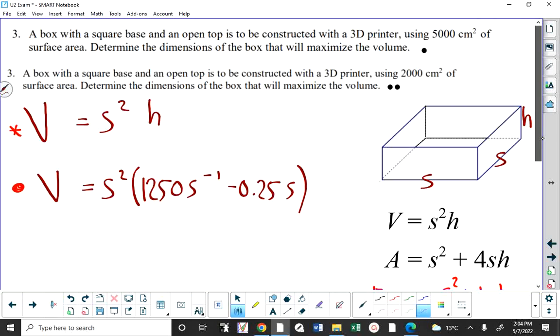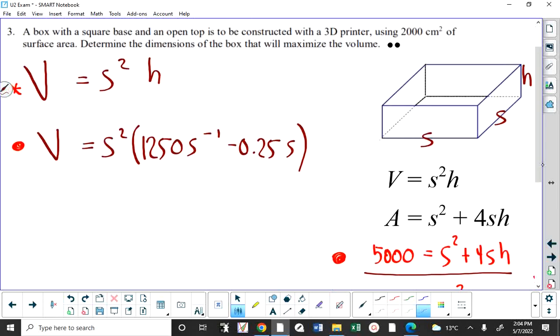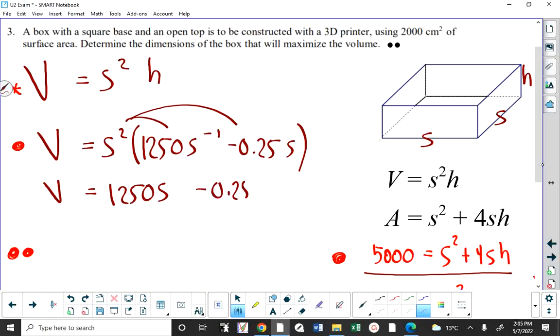If you were doing version 2, you're going to have to follow this video carefully. I'm going to intersperse the different steps of version 1 and 2. So I've done the substitution in version 1. Actually, you know what I will do first is I will clean this up. This is still version 1. I'm going to multiply that s squared through and get 1250s minus 0.25s cubed.